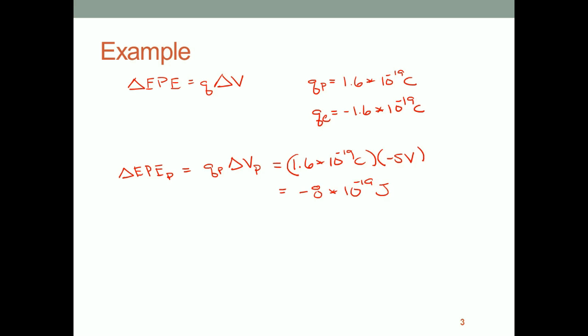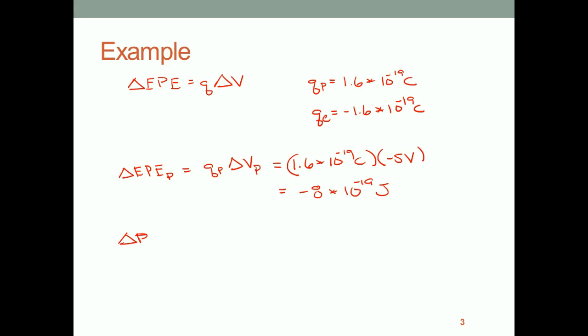And that negative means that it has lost electric potential energy. But we would expect it to lose electric potential energy. If you think about a ball falling, it starts at high gravitational potential and ends at low gravitational potential. So it loses gravitational potential energy as it falls.